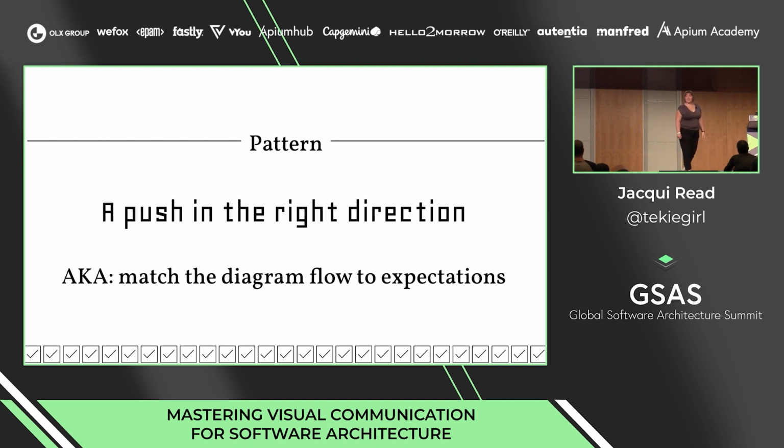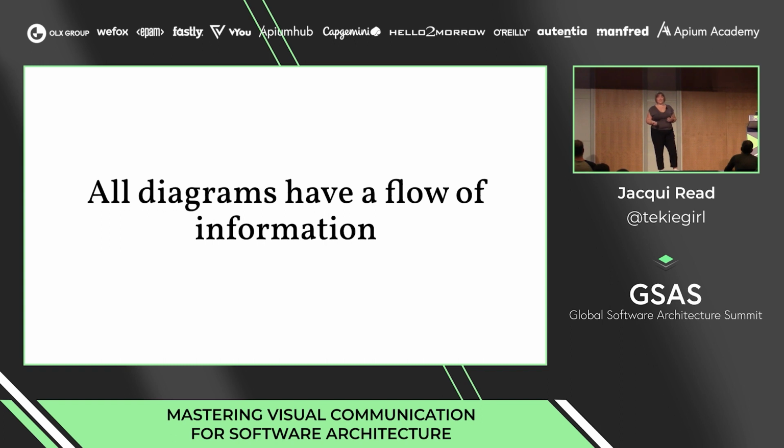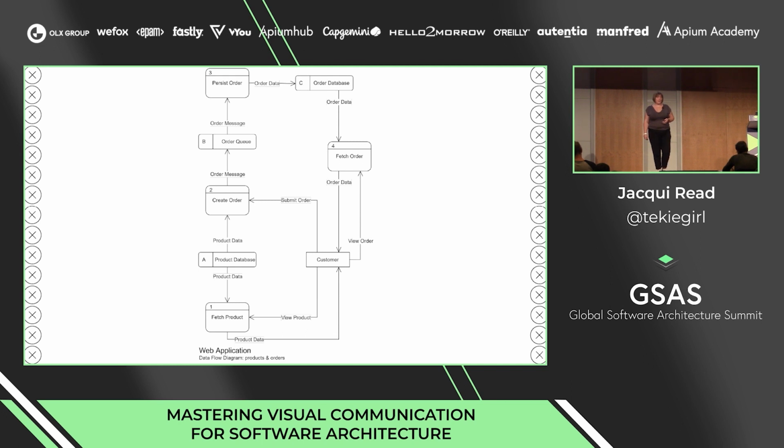Right, another pattern, a push in the right direction. This one's about matching the flow of your diagram to your audience's expectations. So all diagrams actually have a flow of information, whether they're a structural diagram or a data flow diagram, anything like that. So when this one was made, there was just no care as to how someone was actually going to read it.